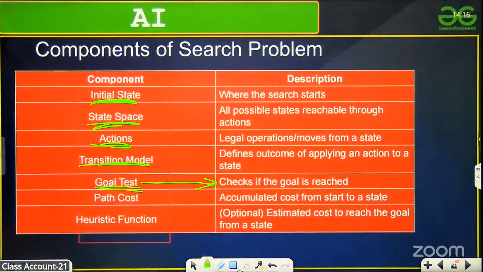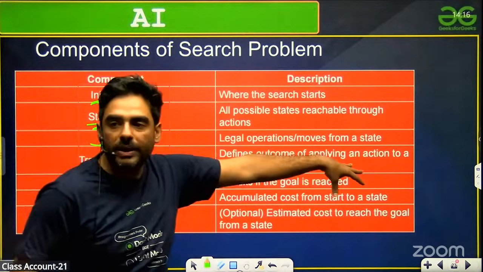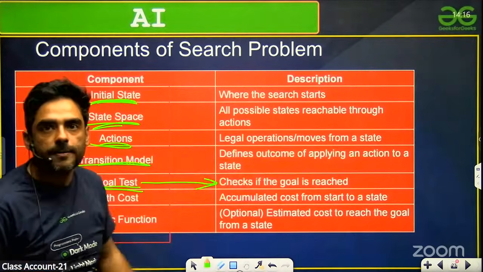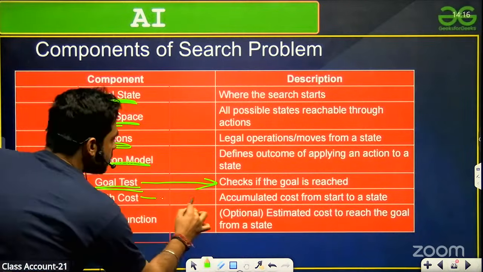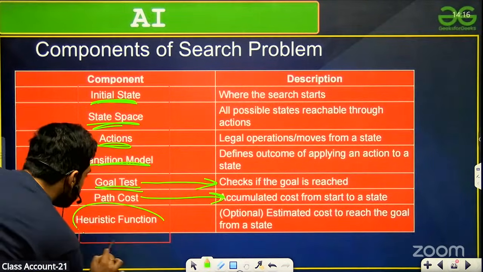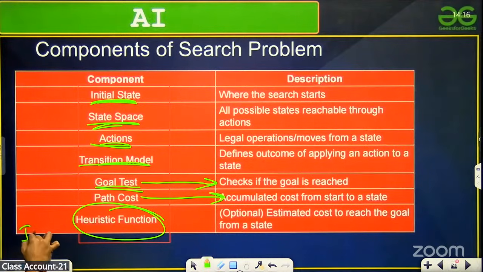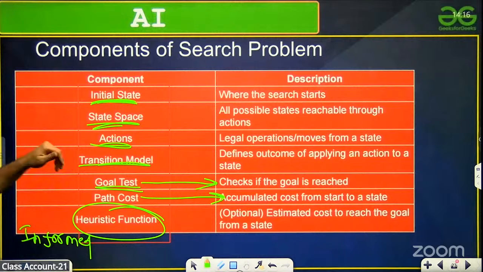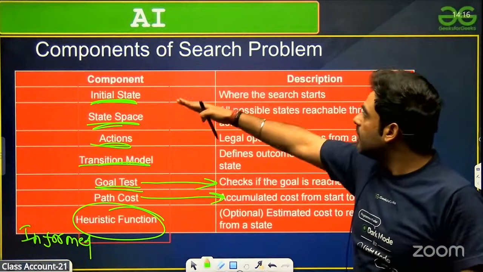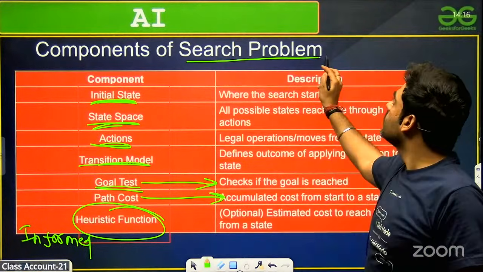What is goal test? It checks whether the goal is reached or not. That is goal test. Path cost we have done, and heuristic function I will do in the informed search, when the informed search algorithms start. These are the components of any search problem.